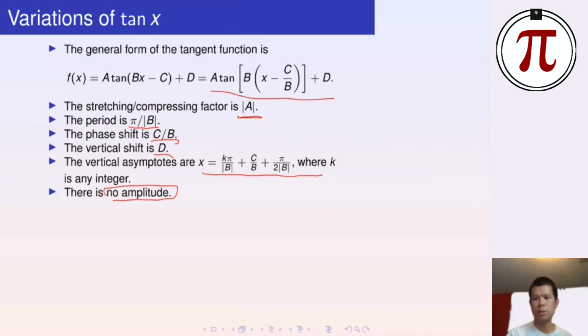The vertical asymptotes are where tangent x is not defined. The general one is given here, so we need to have this formula.